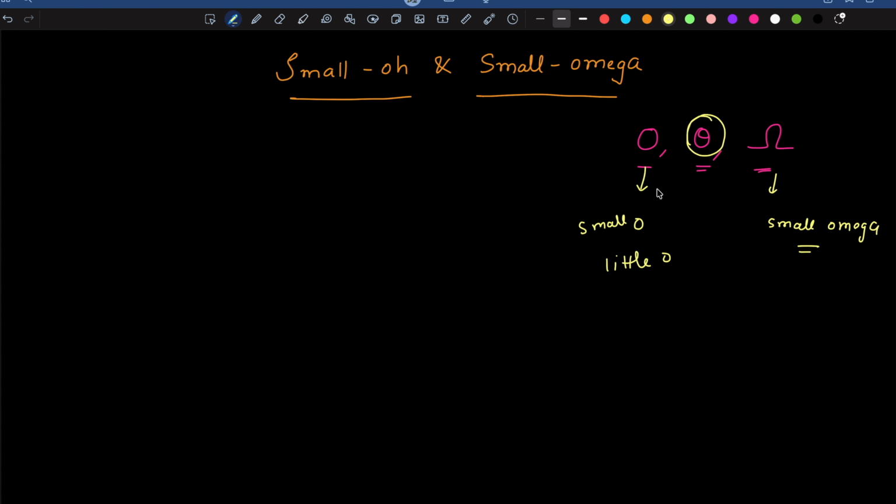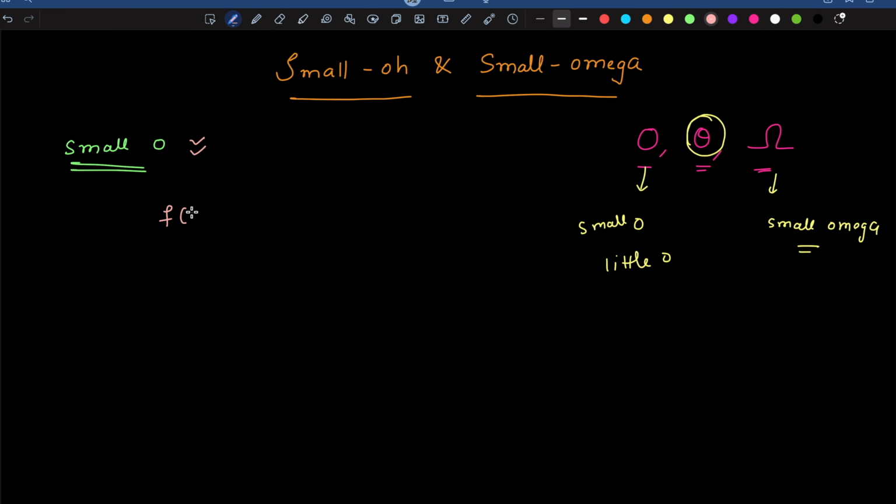Now let us define the small o notation and the small omega notation. Let me give you the definition of small o first, then we'll learn about the small omega. Same as how we learned for big O and big theta, we will learn about the small o here.